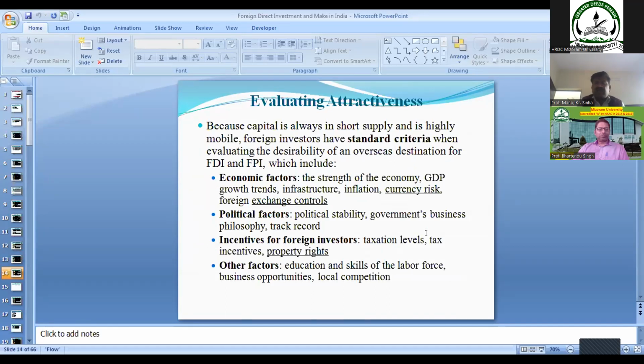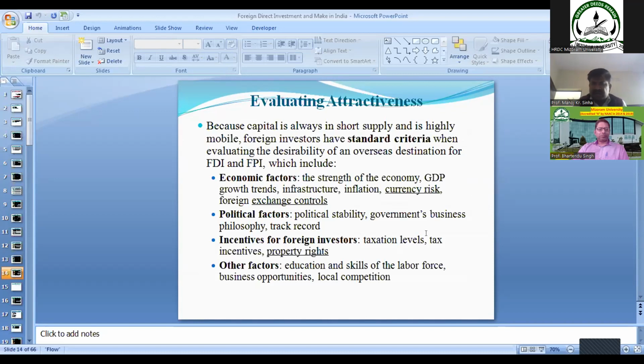Foreign investors have standard criteria for evaluating the desirability of an overseas destination for an FDI firm or every foreign portfolio investment firm. These economic factors may be the strength of the economy, GDP growth rate, level of infrastructure, inflation, currency risk, and foreign exchange control.